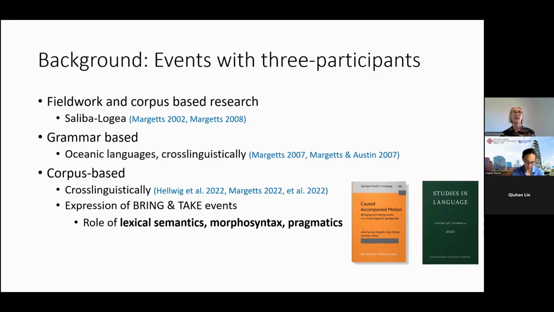And I kept coming back to the category, if you want, of events with three participants. Examples of that would be events of giving or putting or bringing or sending. So three participants here would be, I give you a presentation: I am a participant, you're a participant, the presentation would be the third participant. So participant in that sense.